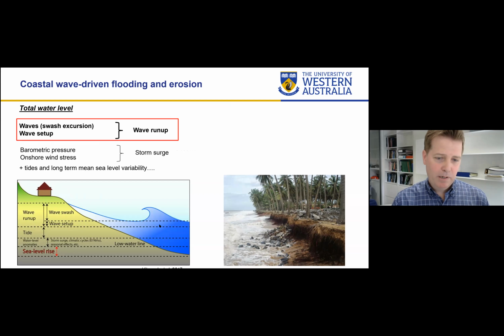What I'm really going to be talking about is aspects of the wave-driven part of coastal flooding and erosion, which is attributed to what we call wave run-up. And wave run-up is really a combination of a steady part, so a time averaged part, which is your wave setup, and then an unsteady part, which is these oscillations of the shore face, which are referred to as swash.